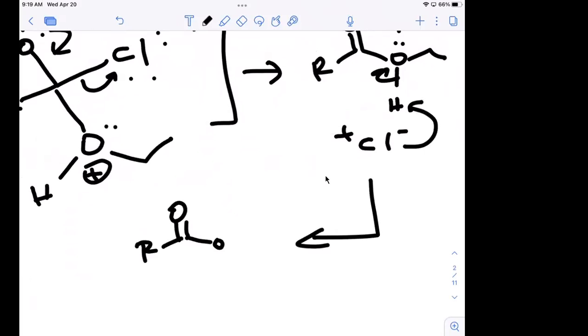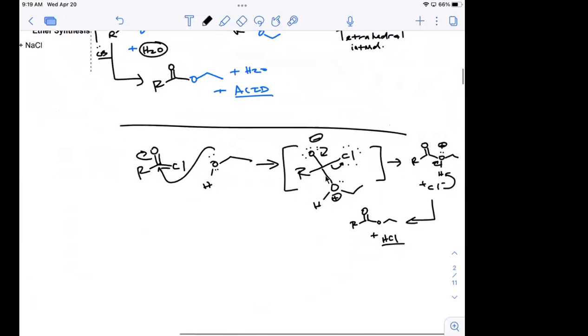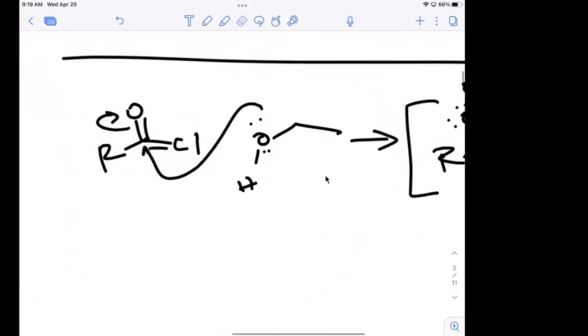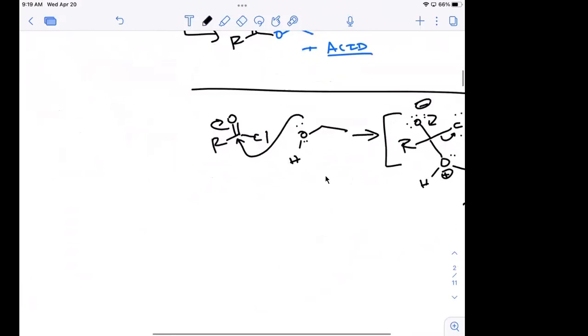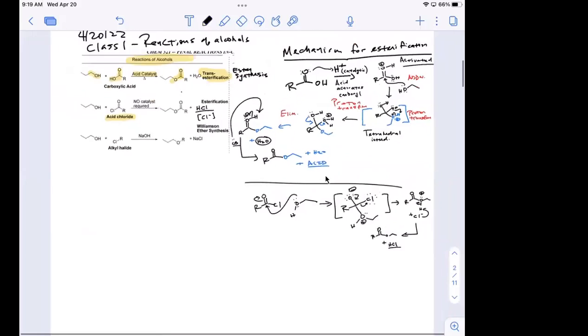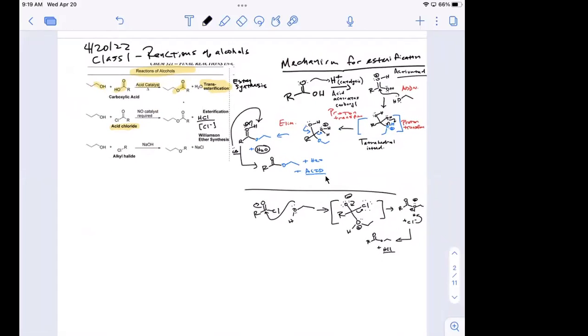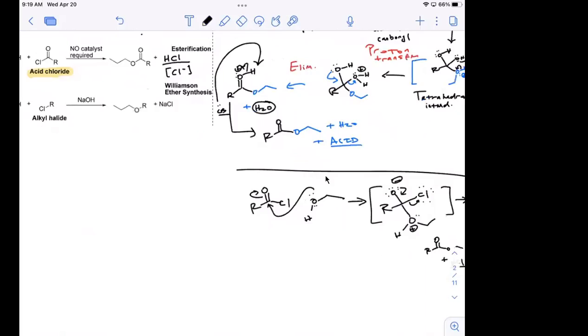This is actually a much more expedient way to get to esters. Those acid chlorides are really, really reactive. Every time I teach this, I always say the same thing about the acid chloride. When you crack the top open on the bottle, it's reacting with the water in the atmosphere. Like it's that reactive.